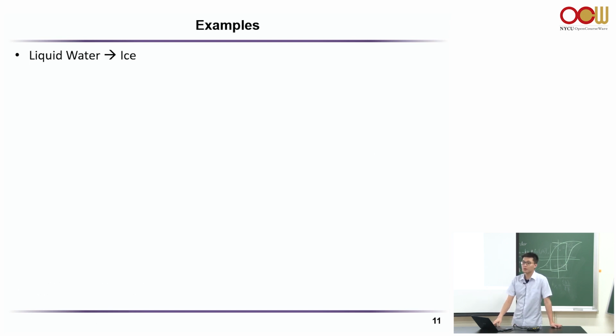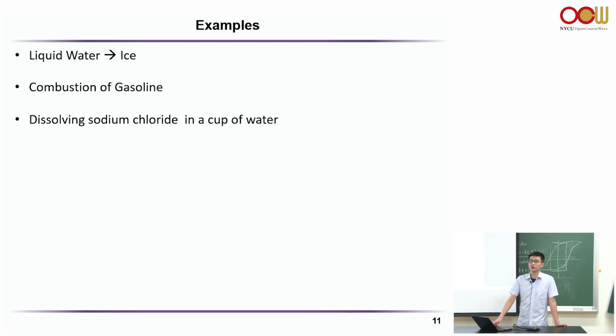We already discussed the example of ice versus liquid water. We can think of combustion of gasoline. You are converting a fuel, let's say a very simple fuel, methane, CH4, which can react with oxygen and generate CO2. Let's think about dissolution of salt in liquids.